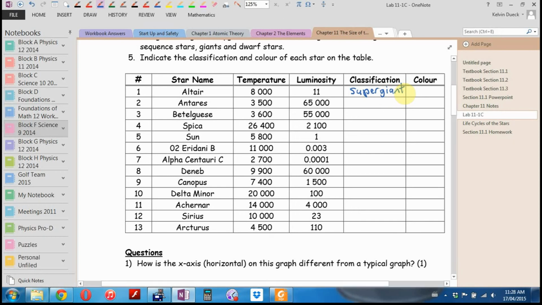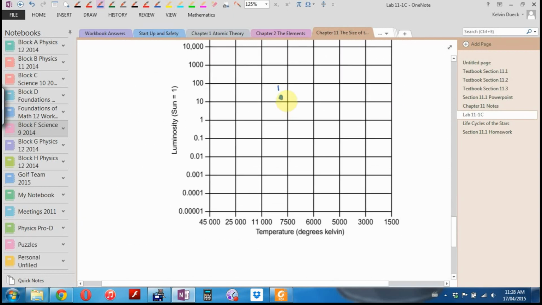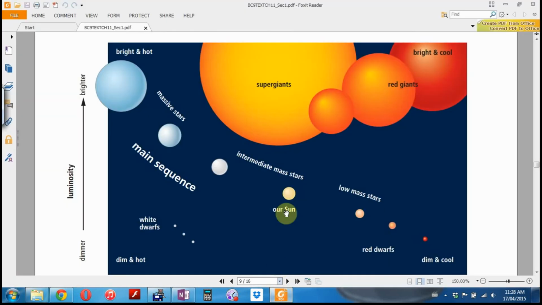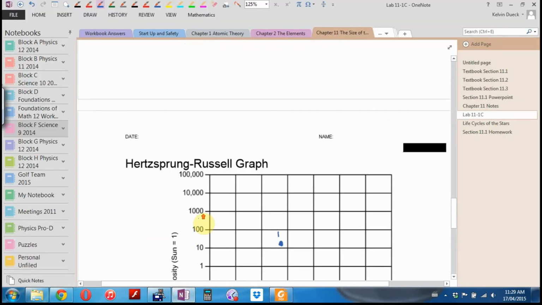Color. So remember where it was on the graph? Also on the Hertzsprung-Russell diagram, at the bottom it also has color. You know what? Halfway between blue and red, what color would you say based on the pictures here? Begins with letter O. Probably orange. Orange if you feel Québécois.